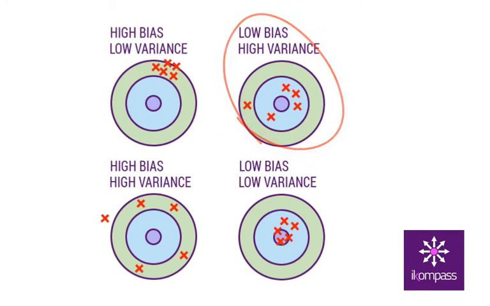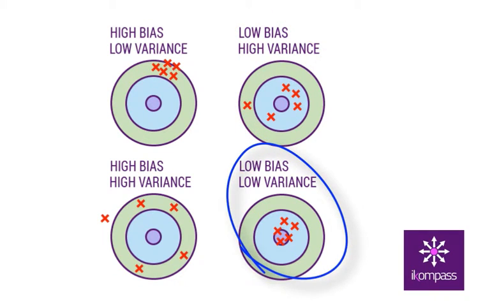And finally, a model with low bias and low variance will throw darts that are tightly clustered around the bullseye. So ideally, a model will have both low variance and low bias, and this is our final goal. But efforts to decrease one will frequently increase the other. This is known as the bias-variance trade-off.